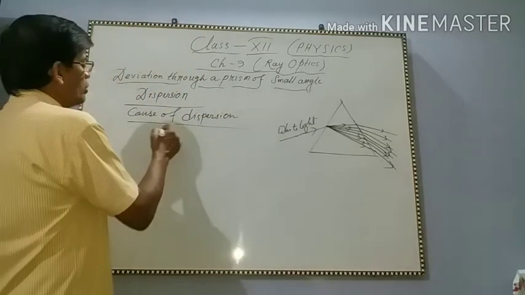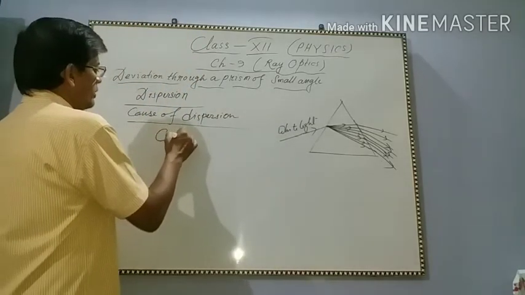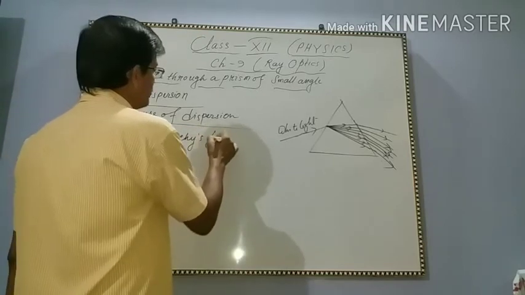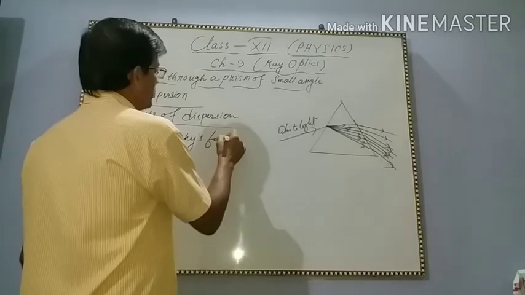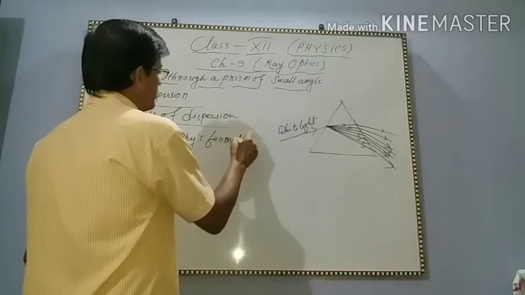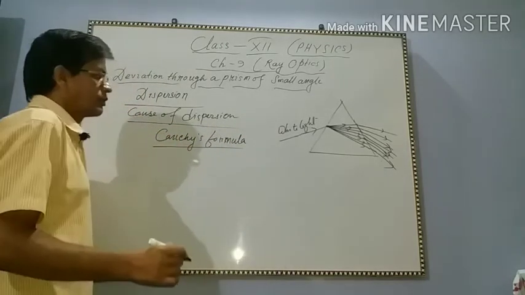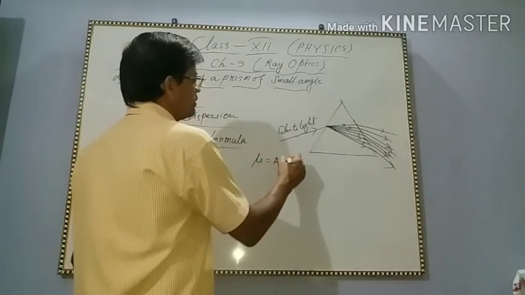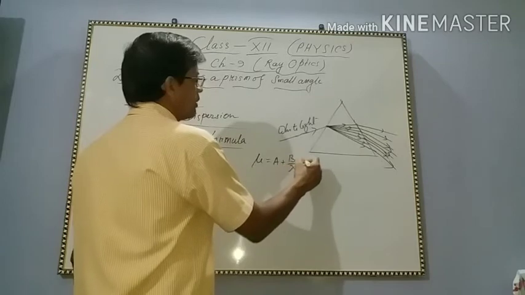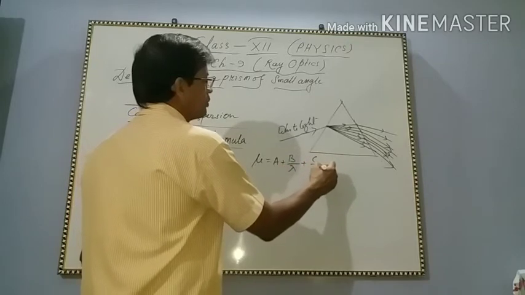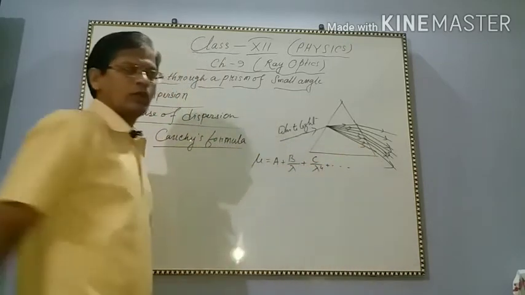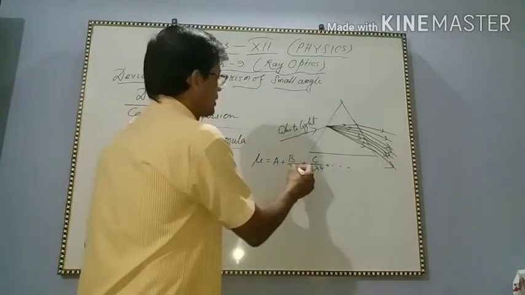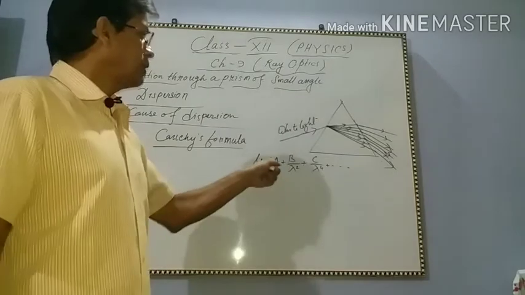Now, according to Cauchy's formula, mu equals A plus B by lambda square plus C by lambda to the power 4, where A, B, C are constants.